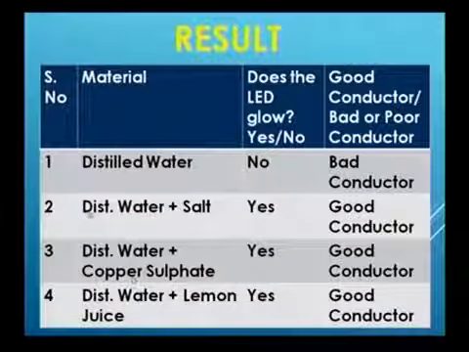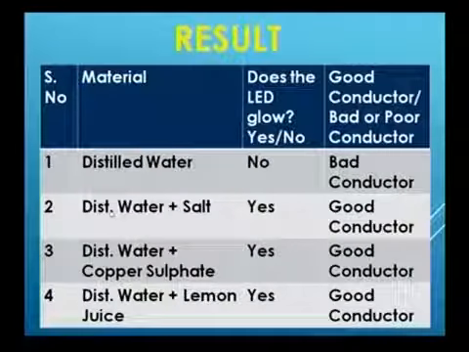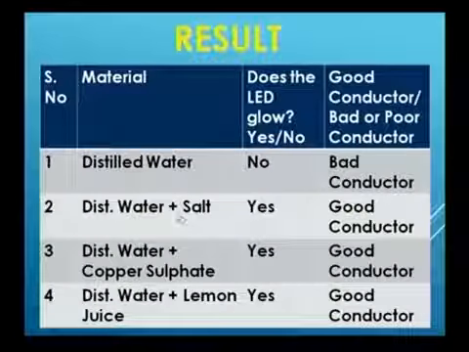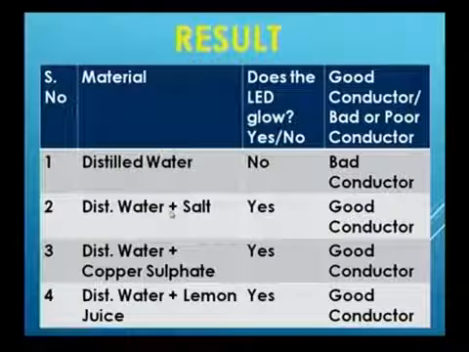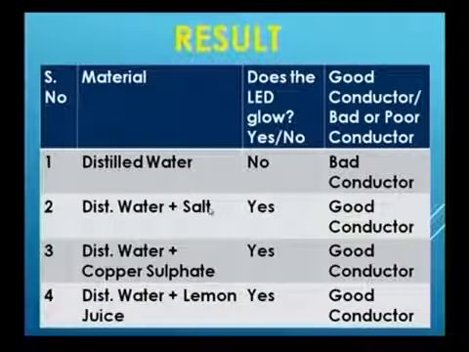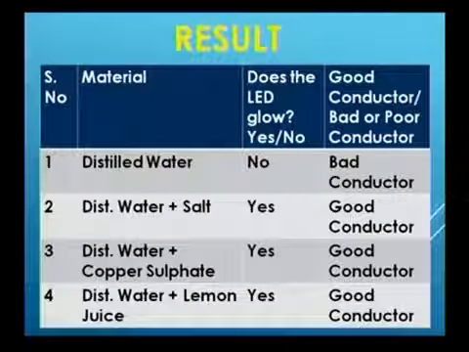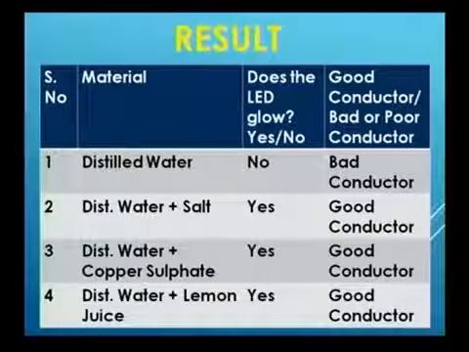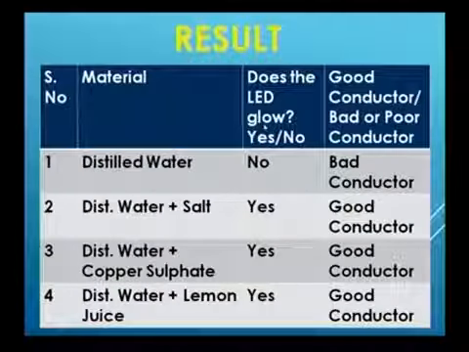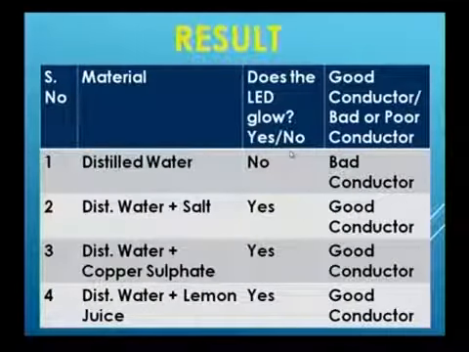Then the second one is distilled water with salt. Here the plus indicates the with. When we do that experiment with distilled water with salt, we observe that the LED bulb glows. So, we say it is a yes. Does the LED bulb glow, yes or no?